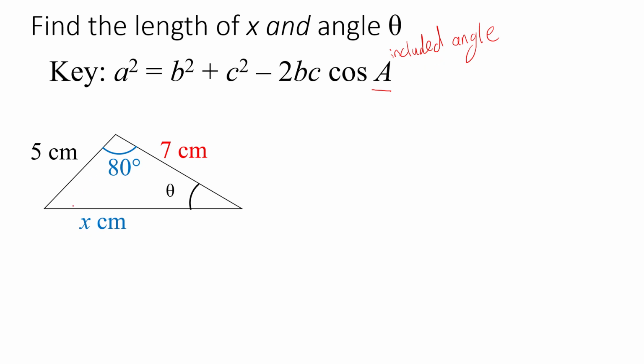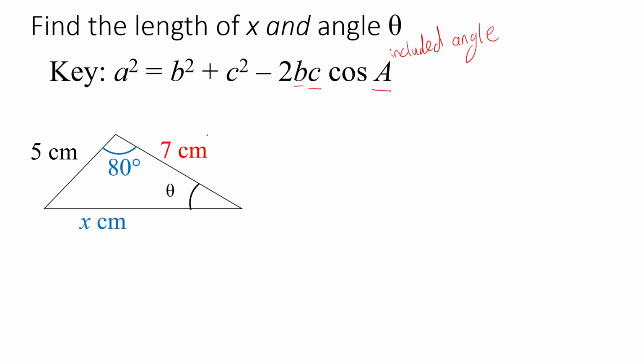Because actually all the angles can be considered included angle. But what are the sides that make up this angle? They are B as well as C. That means the sides where the angle is given. So in this case, we are given angle 80 degree as well as the lengths of 5 and 7.